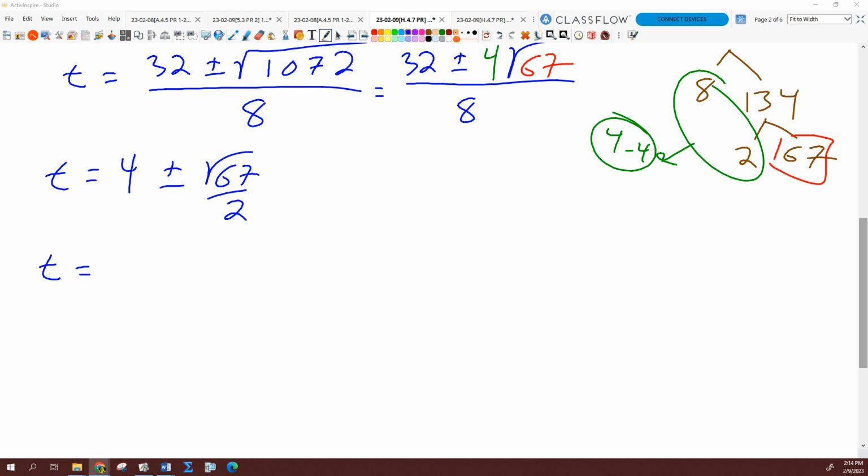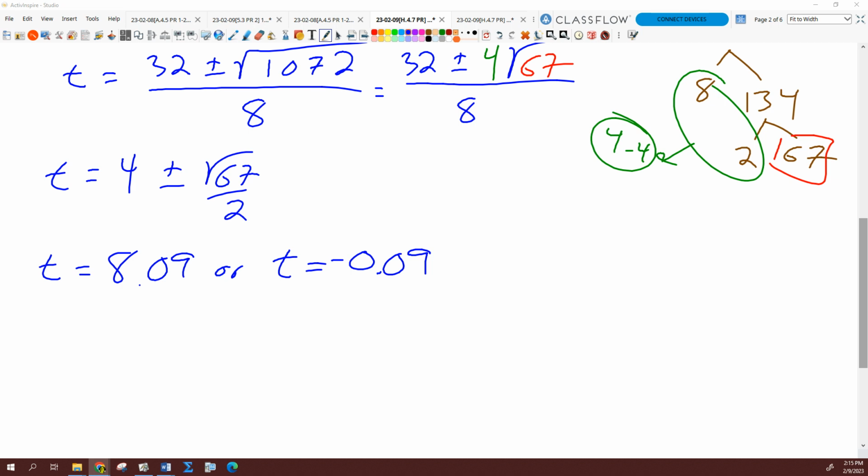What'd you get? 8.25-ish? That's not right. 8.18. Okay. So 8.18 over 2 is 4.09, right? 4 plus 4.09 is about 8.09. Or 4 minus 4.09 is going to be about negative 0.09.